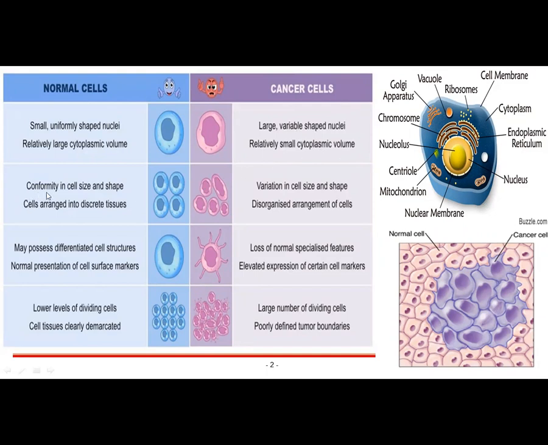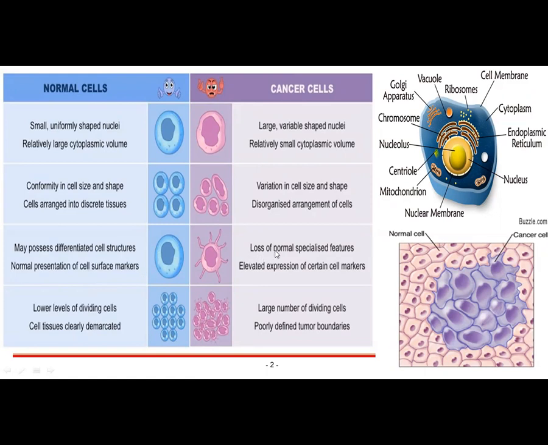Here we see conformity in cell size and shape, with cells arranged into discrete tissues. Here we see variation in cell size and shape, and a disorganized arrangement of cells. Normal cells may possess differentiated cell structures and normal presentation of cell surface markers.